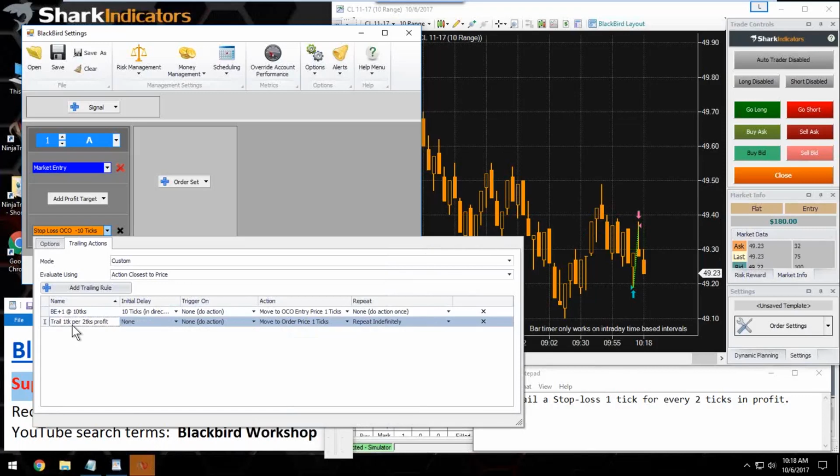So let's see. We're going to do a little bit of math here. If we're going to move our stop loss to break even plus 1, essentially that stop loss has moved 11 ticks.